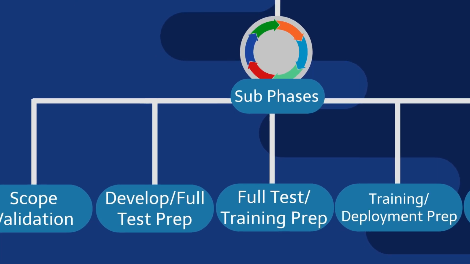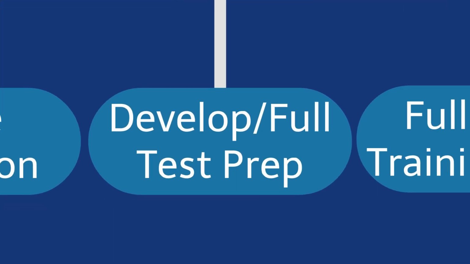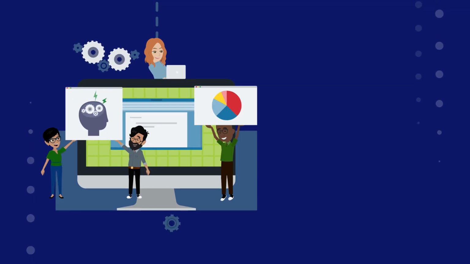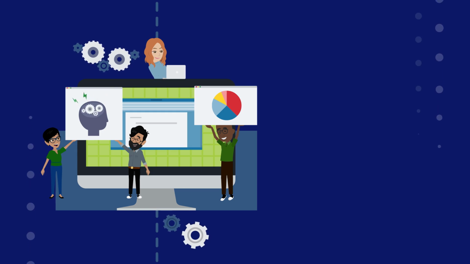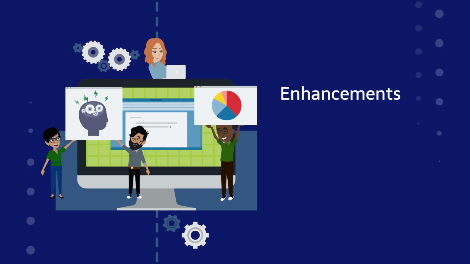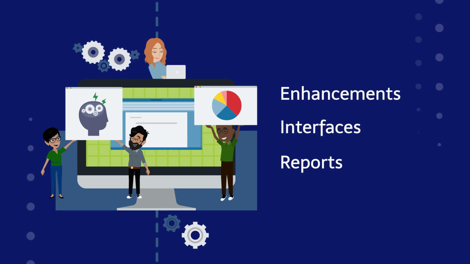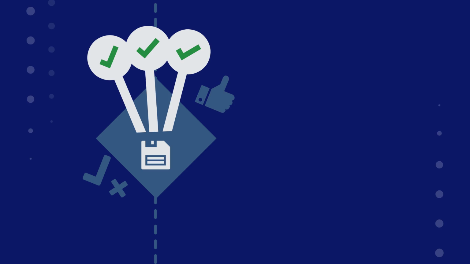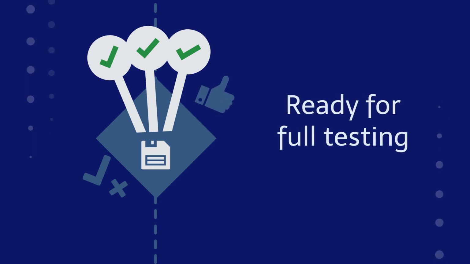The first subphase within the DDCI is the Develop subphase. Using agile methods, teams design, configure, and build the required functionality, including enhancements, interfaces, reports, and workflows. By the end of this subphase, everything is configured, has been through system integration testing, and is now ready for full testing.